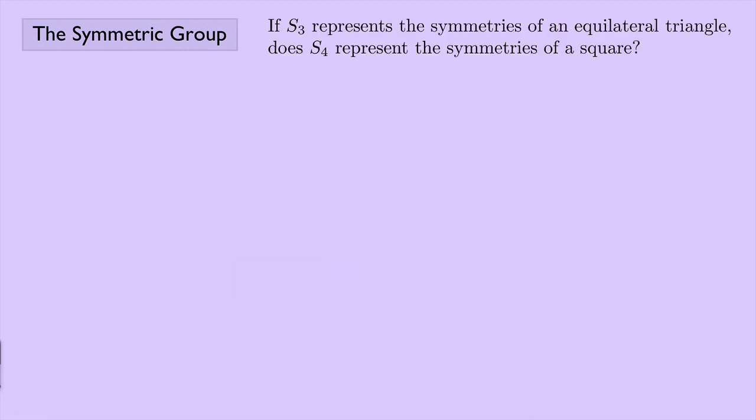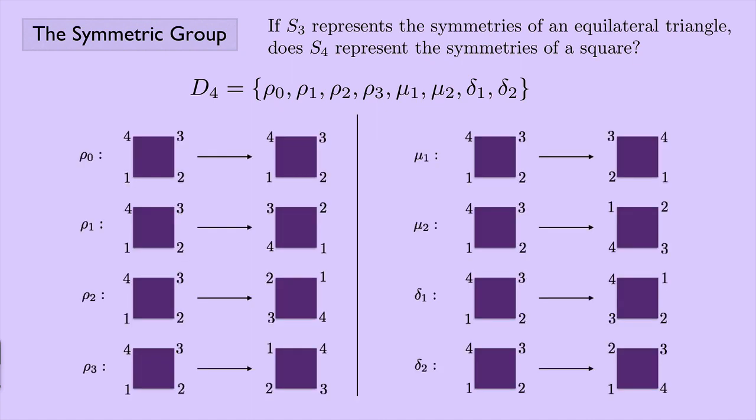So now you might be asking, if S3 represents the symmetries of an equilateral triangle, does S4 represent the symmetries of a square? Well, remember the symmetries of a square we represented with D4. And so we have our rotations, rows, we have mu's, and then we also had our deltas, and so here they are listed out. The rows make sense, you're just rotating everything around.